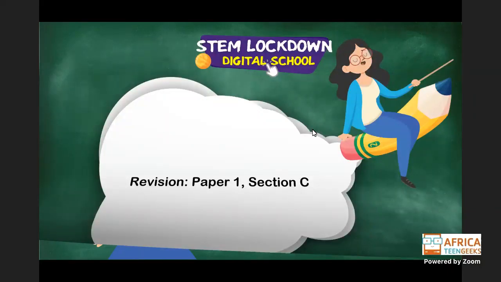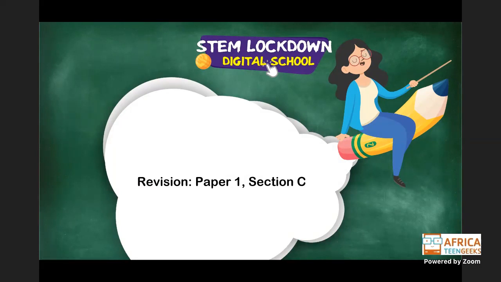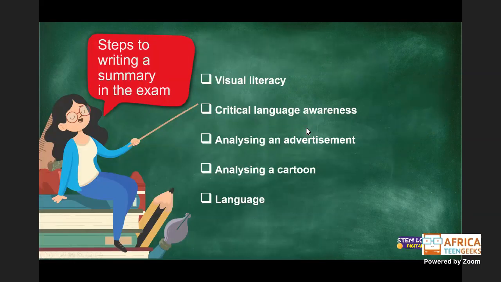So today, we'll be focusing on section 3 of paper 1. So that will be language structures and conventions. The exam for section C will test your knowledge of language structures and conventions.